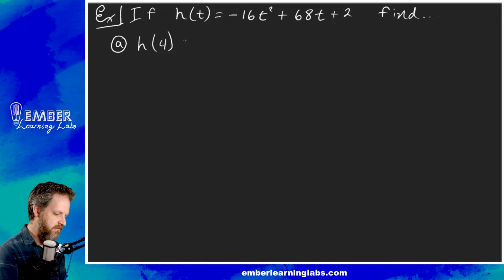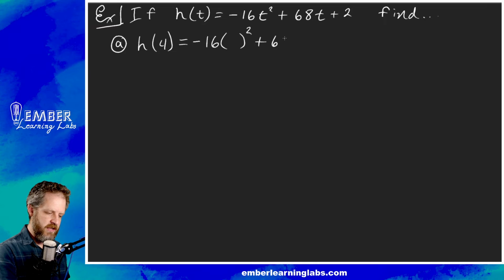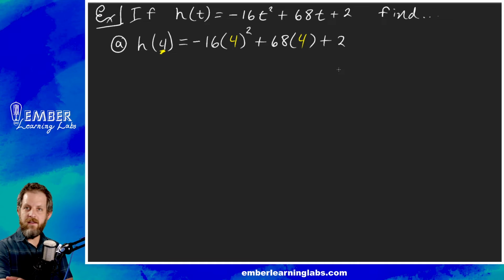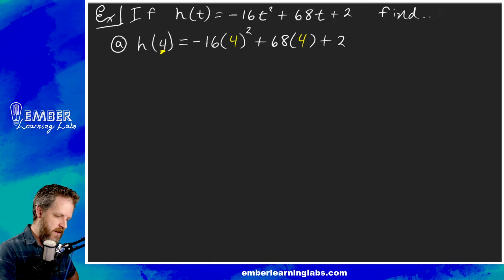Same plan, right? We're going to rewrite it, but with parentheses where the variable lives. Plus 68 times parentheses plus 2. Then we're going to put a 4 in there. No big deal at all.